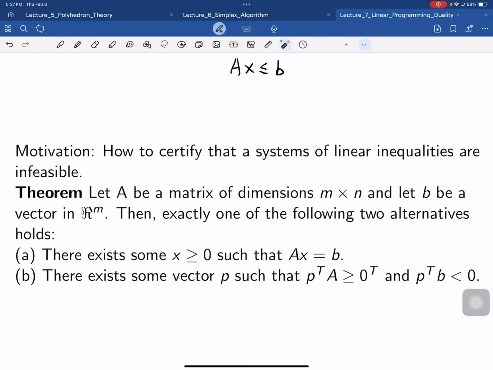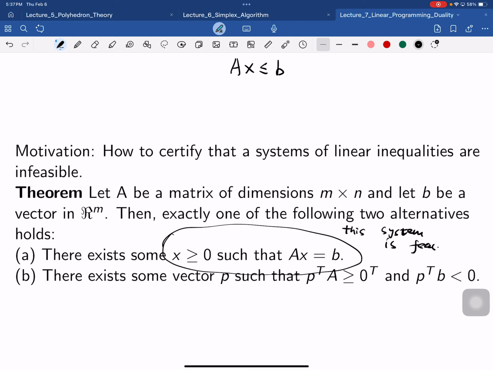So A is saying that nothing but this system is feasible, right?